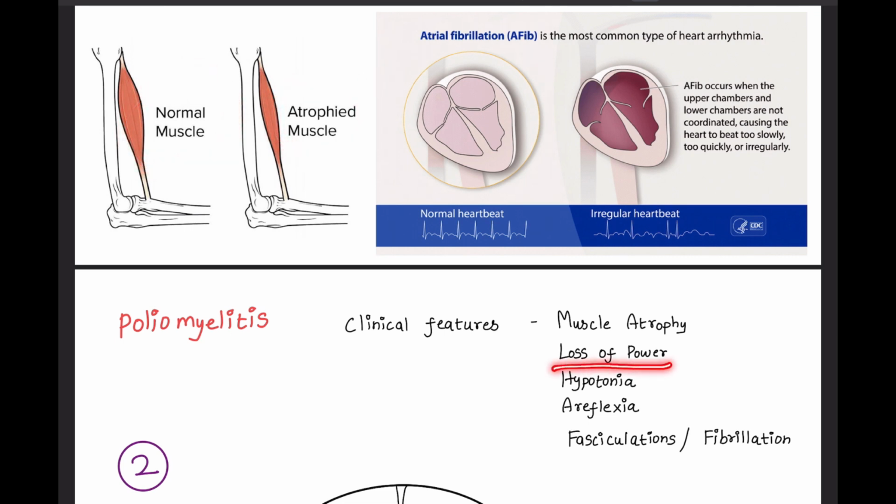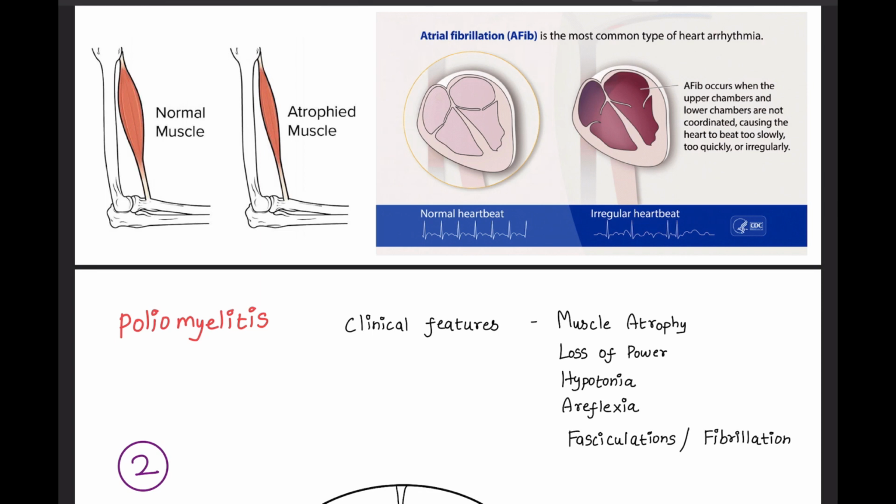Loss of power is self-explanatory. There is loss of power in doing daily activities or lifting things. Hypotonia, so tone. In a normal muscle there is some rigidity and stiffness.